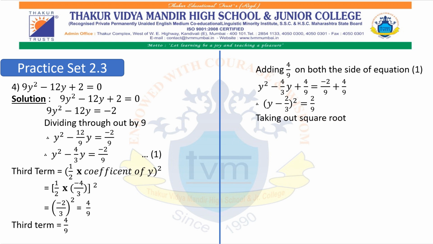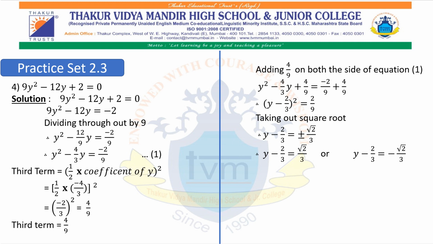Now by taking the square root, we will get y minus 2 upon 3 equals plus minus root 2 upon 3. Next line we will write y minus 2 upon 3 equals positive root 2 upon 3, or y minus 2 upon 3 equals negative root 2 upon 3.